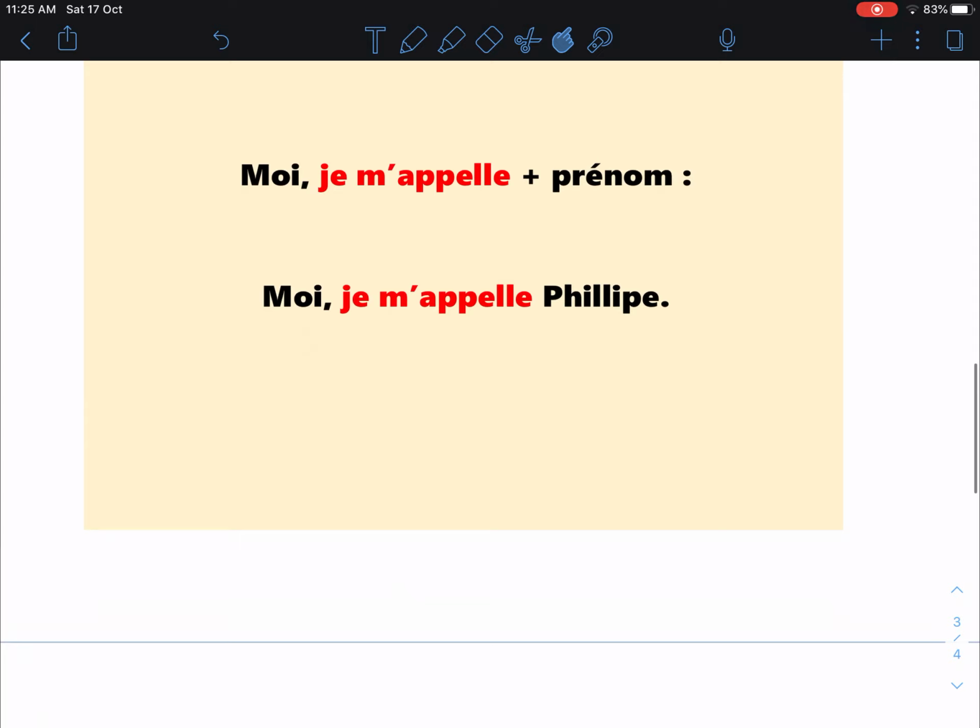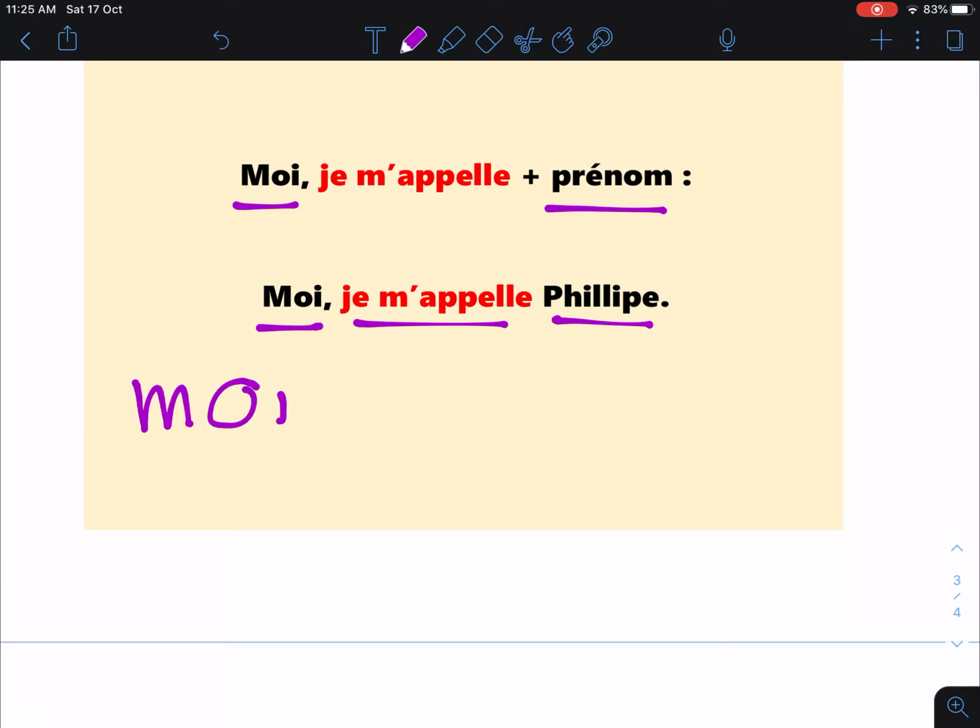It's the same thing, but this time we add the word moi. Moi means me. And we only put the first name. So, you have here moi, je m'appelle Philippe. Now, if you notice, you have the word moi. Well, when the letter O meets I, in Bahasa Melayu, it is oi.